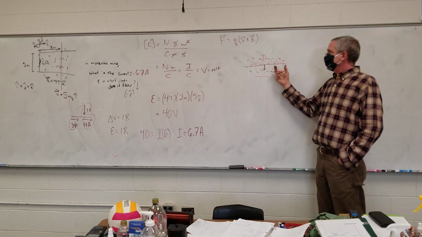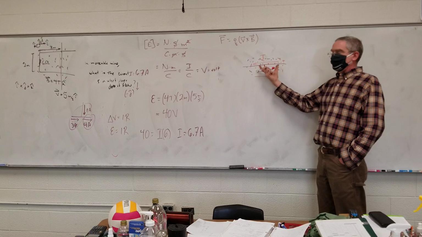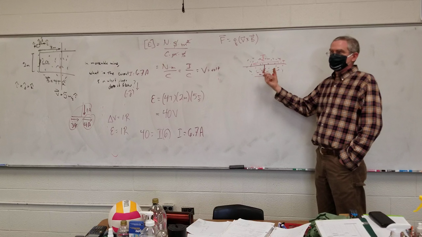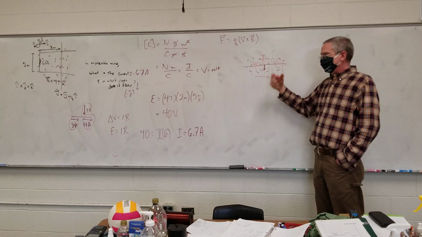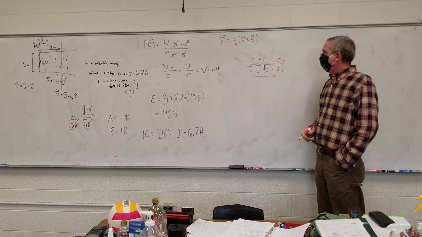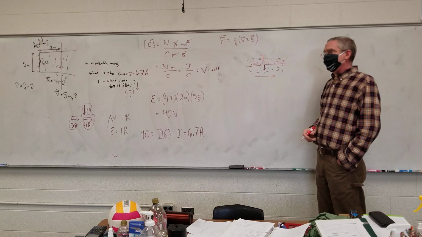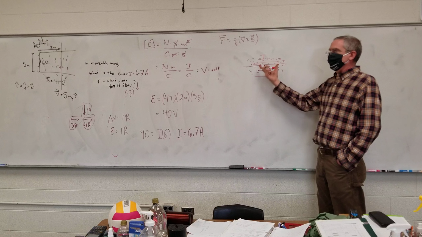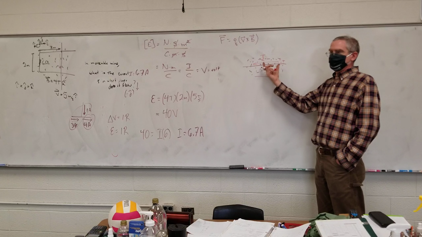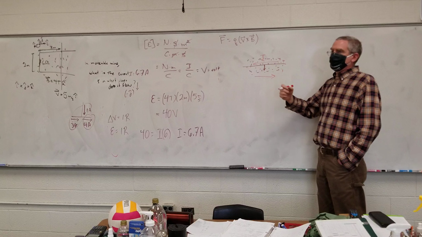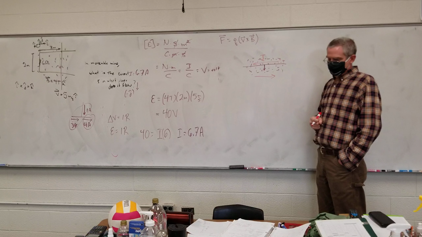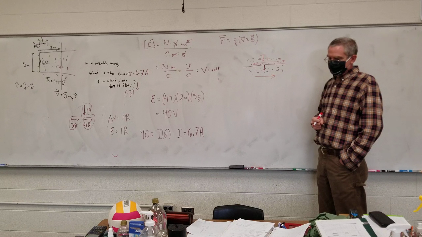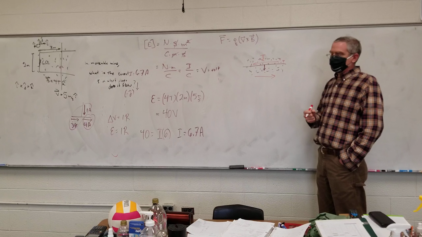Ultimately, it will keep doing that until the voltage at each end is roughly the same, when it's equipotential. Wait, I'm sorry. The negative charges will continue to build on this side until there's no potential difference to force charges to move. Yeah, I'm going to leave it vague like that.